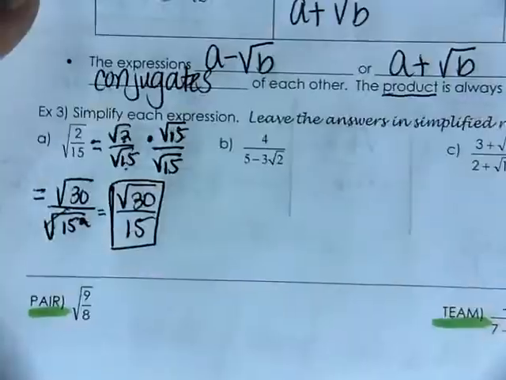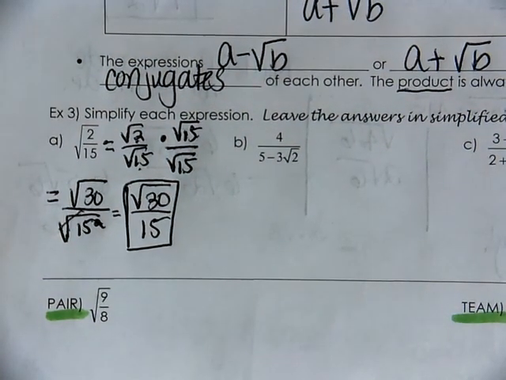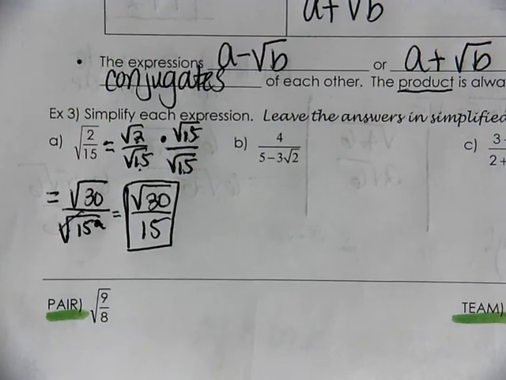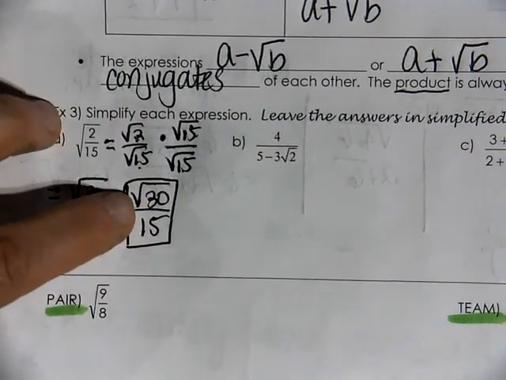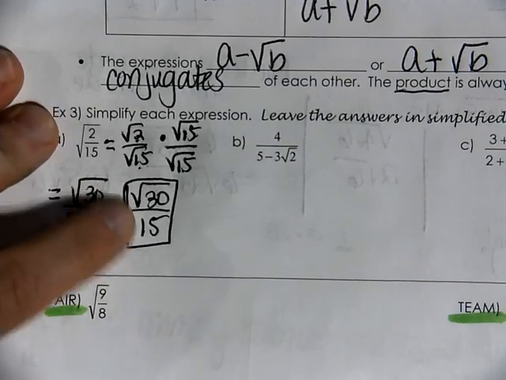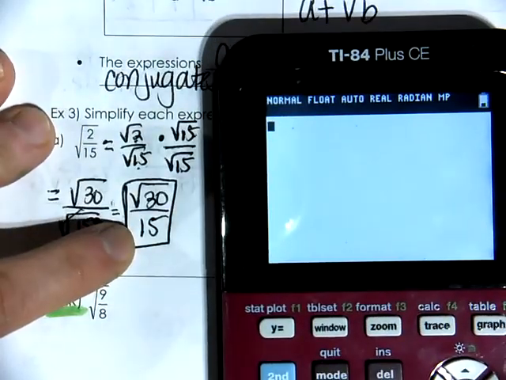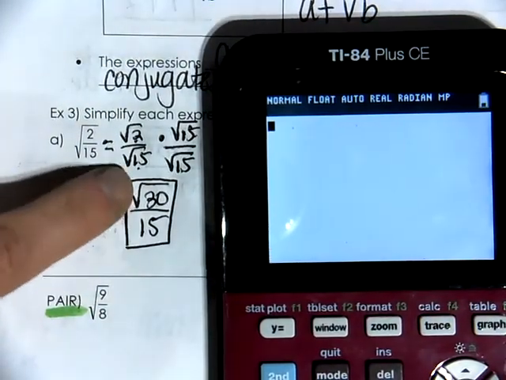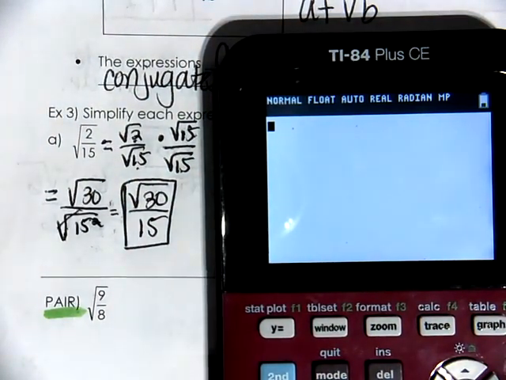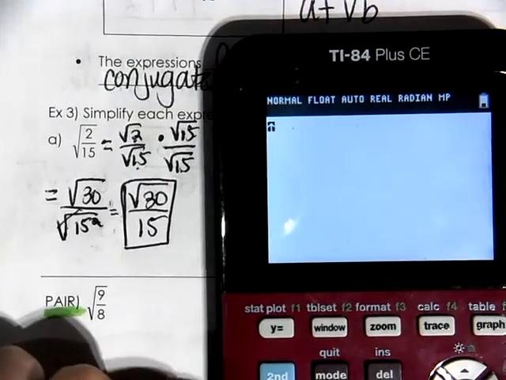There do exist some shortcuts with this. As you are working, you'll discover those shortcuts. But there's something I need to warn you about. The square root of 30 is not the same number as regular 30, and you cannot eliminate or divide this out to become the number 2 or the square root of 2. That is a misconception that kids have.